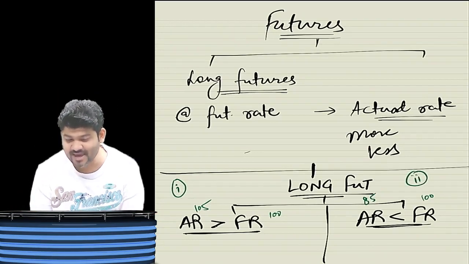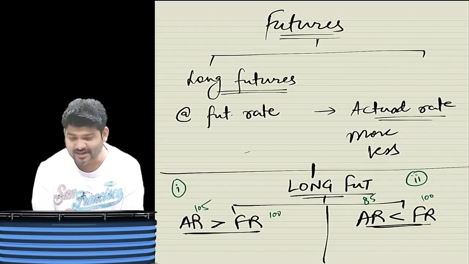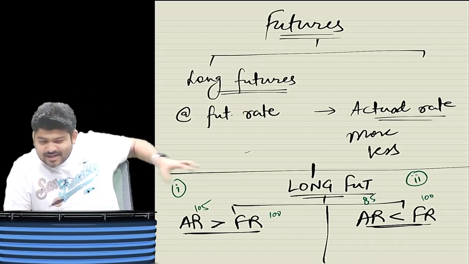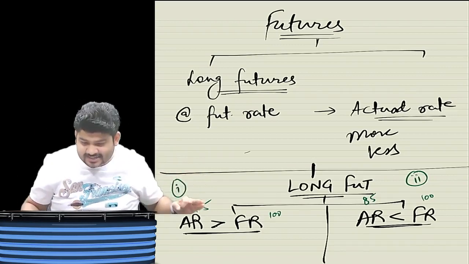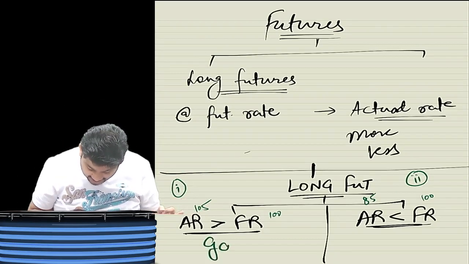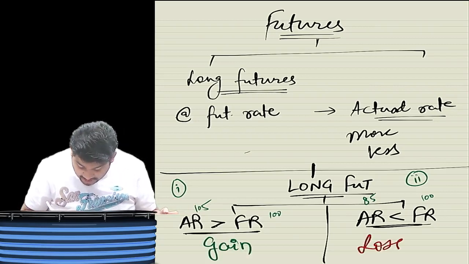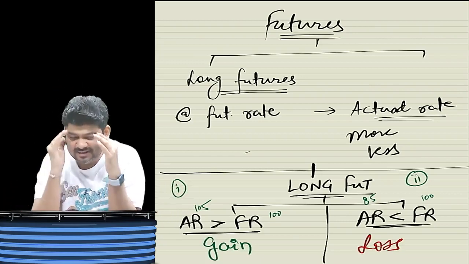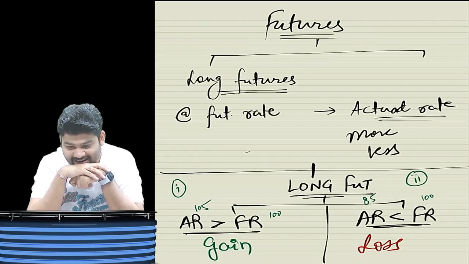So we had purchased at 100, but the market rate is 105. So we are getting something which is in the market at 105 for 100 rupees. Correct. This is a case of gain, whereas the other is a case of loss, because the market is purchasing at 85, but we will have to purchase at 100.